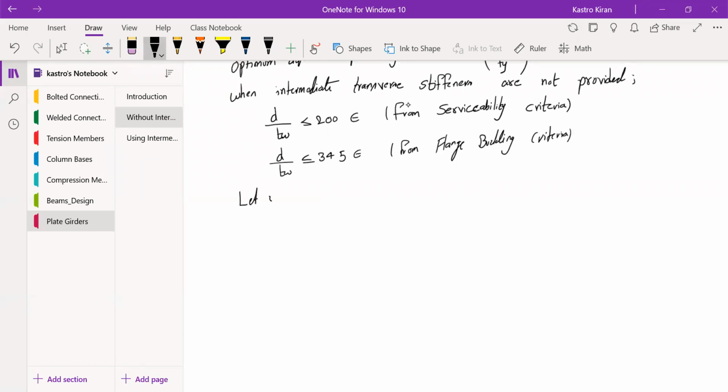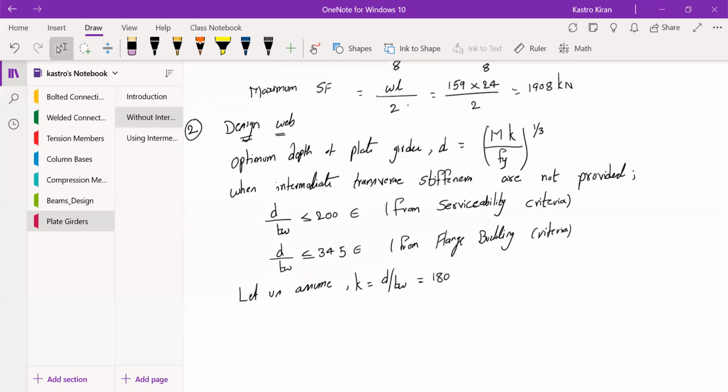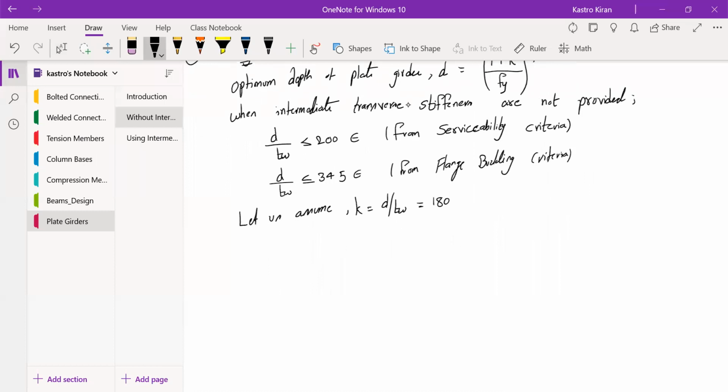So let us assume K equals d by tw equals 180. Remember this condition, it is applicable for all models of problems when you are designing a plate girder without using intermediate transverse stiffeners. So please have a focus here.